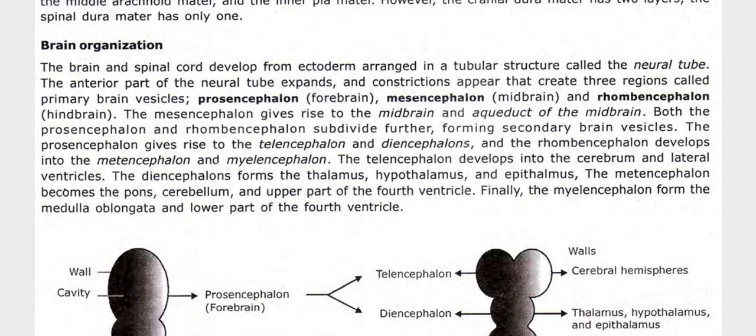The mesencephalon gives rise to the midbrain and aqueduct of the midbrain. Both the prosencephalon and rhombencephalon subdivide further, forming secondary brain vesicles. The prosencephalon gives rise to the telencephalon and diencephalon, and the rhombencephalon develops into the metencephalon and myelencephalon.